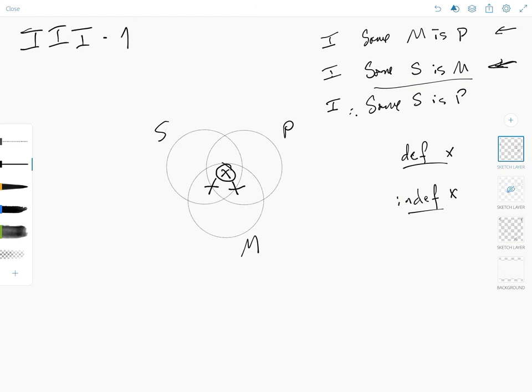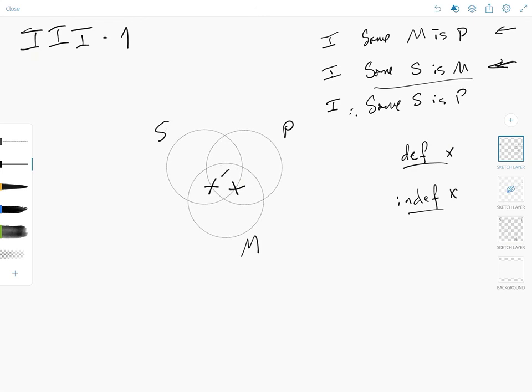But the problem is it doesn't have to be the case. In other words, it could very well be true that both of the x's went this way, away from the region that the circled x is in. So what this really tells us is that we don't have enough information to know that the x in the circle has to be in that region.